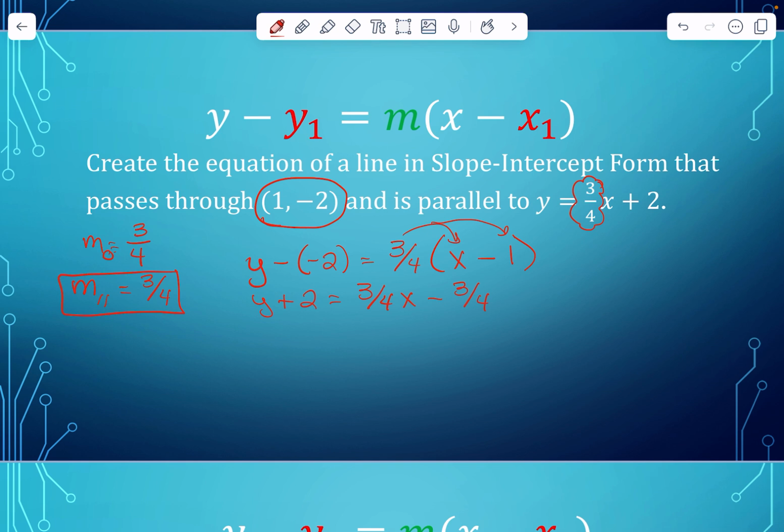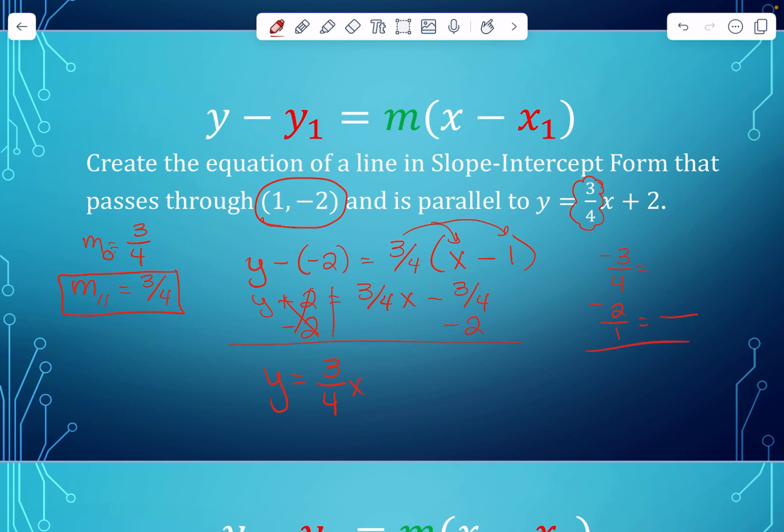Now, I want it in slope-intercept. So what that means is I have to get rid of that 2, because remember, slope-intercept form has y equals only. So I'm going to subtract the 2 from both sides. That's going to leave me y equals 3/4 x. Then over here, I'm going to take a -3/4, and I'm going to minus 2/1.